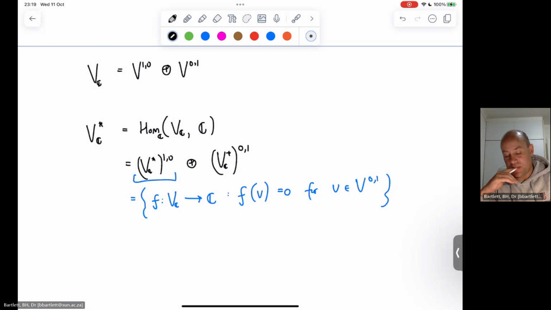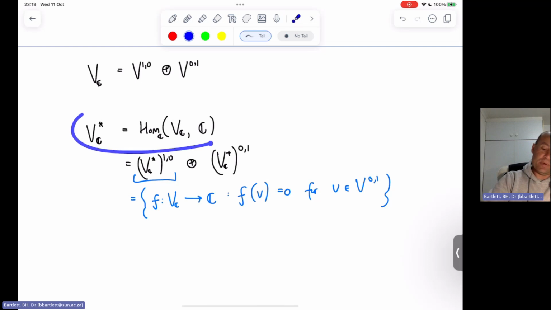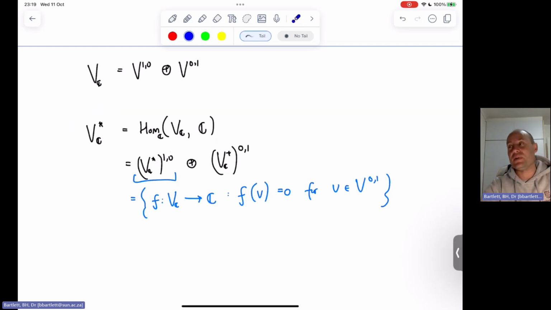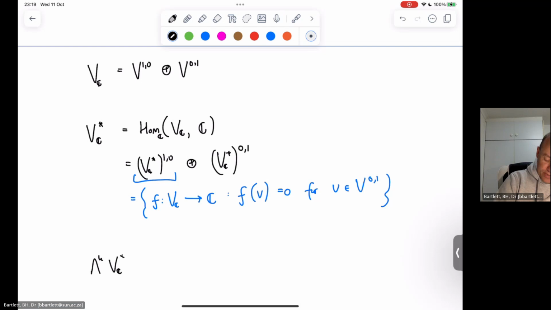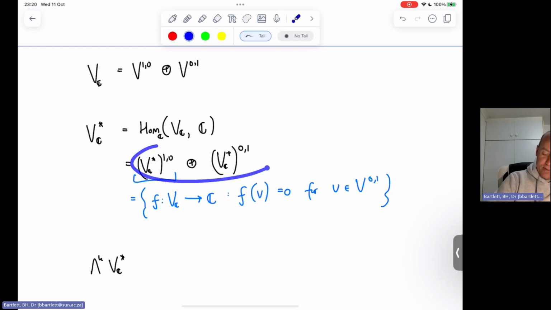Now, what do I need when I'm talking about manifolds? I've got this dual space, and remember, we want the exterior algebra, so we need the powers of the dual space. So when I'm doing manifolds, I'm interested in these exterior powers. I want to take the dual space and its kth exterior power. So that means I'm taking the kth exterior power of a vector space which is a direct sum.